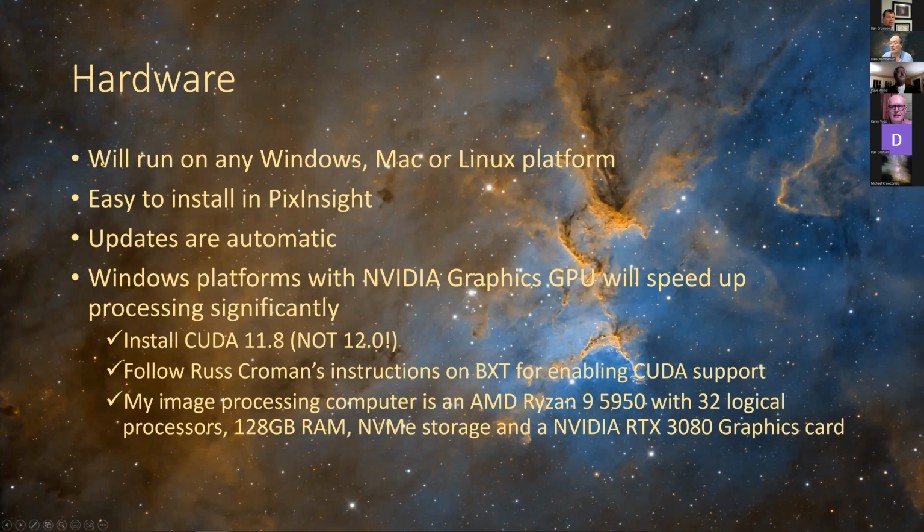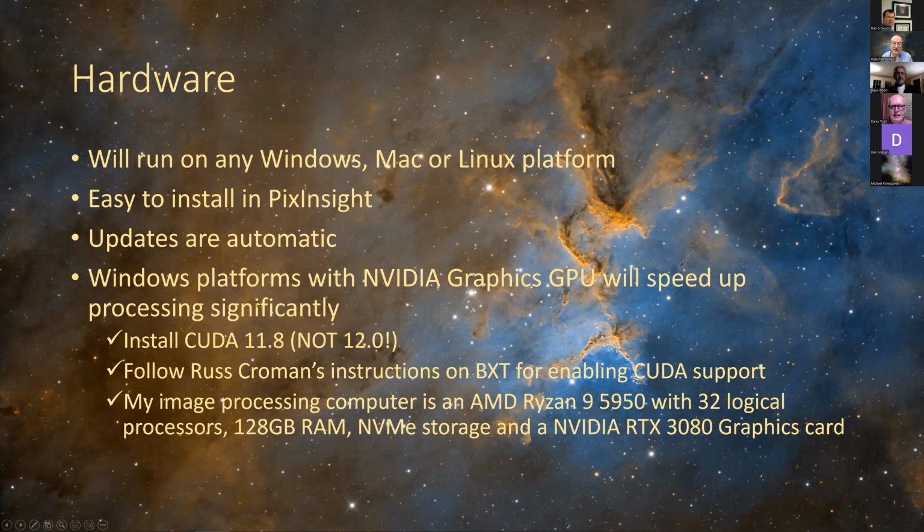Now for hardware, this will run on any Windows, Mac, or Linux platform. It's easy to install in PixInsight. Updates are automatic. Windows platforms with an NVIDIA graphics GPU will speed up the processing significantly.